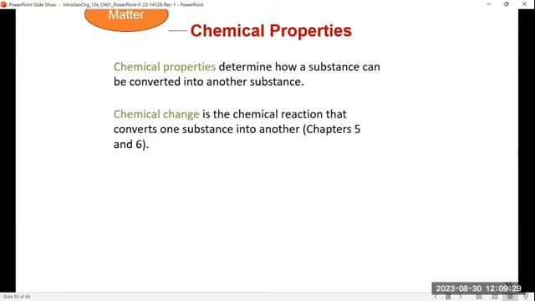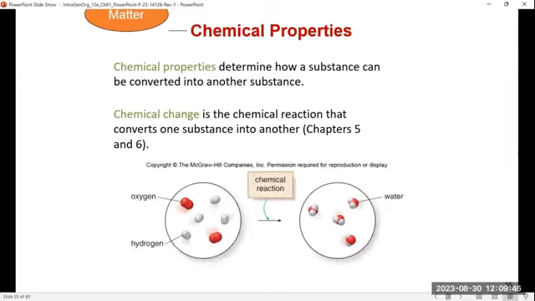They talk about chemical reaction, flammability, explosiveness, reactivity, corrosiveness, which are all chemical properties. Chemical change is the chemical reaction that converts one substance to another. For example, hydrogen plus oxygen produce water.